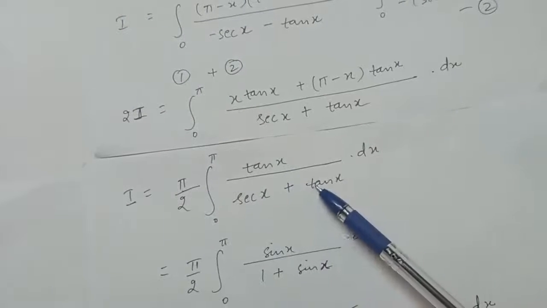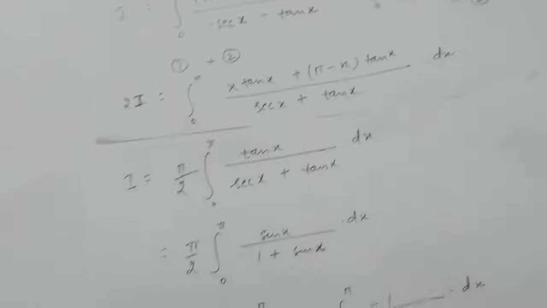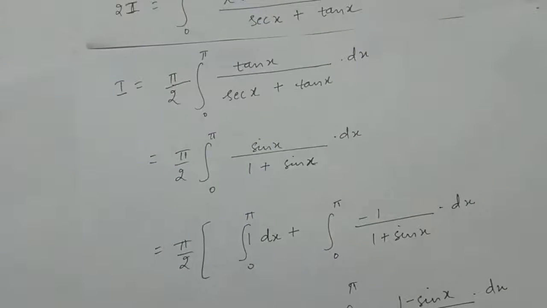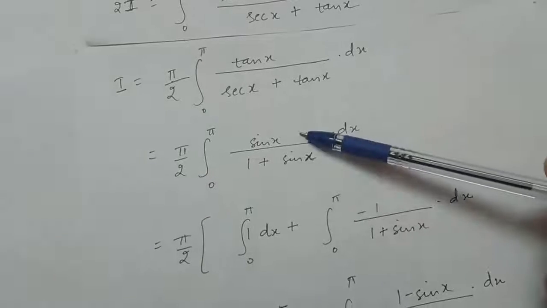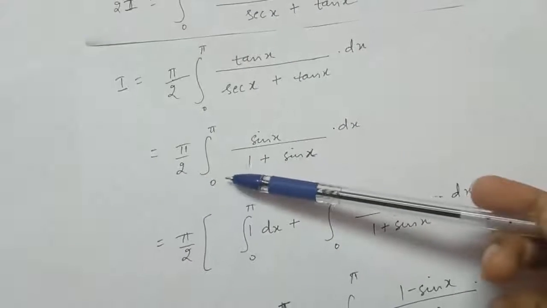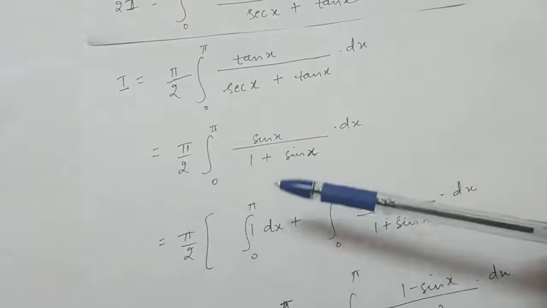Write this tan and secant in the form of sin x and cos x. Then you will get it as pi by 2 integral of sin x upon 1 plus sin x, right? And the limits are from 0 to pi.